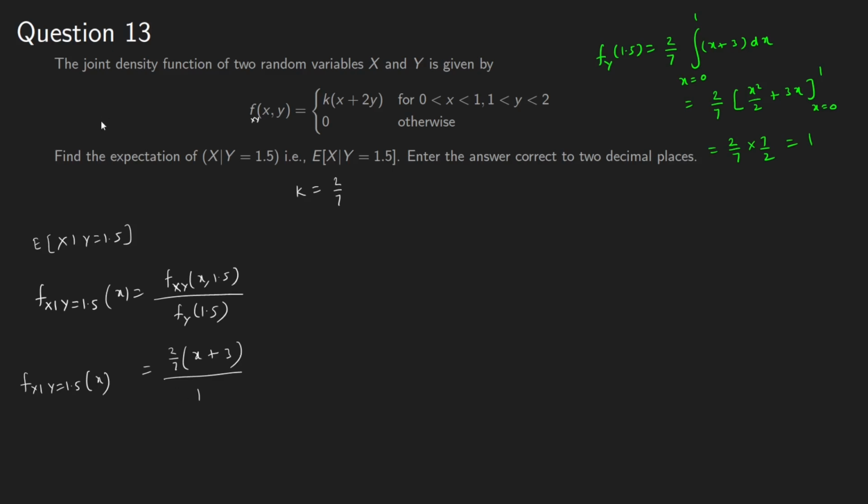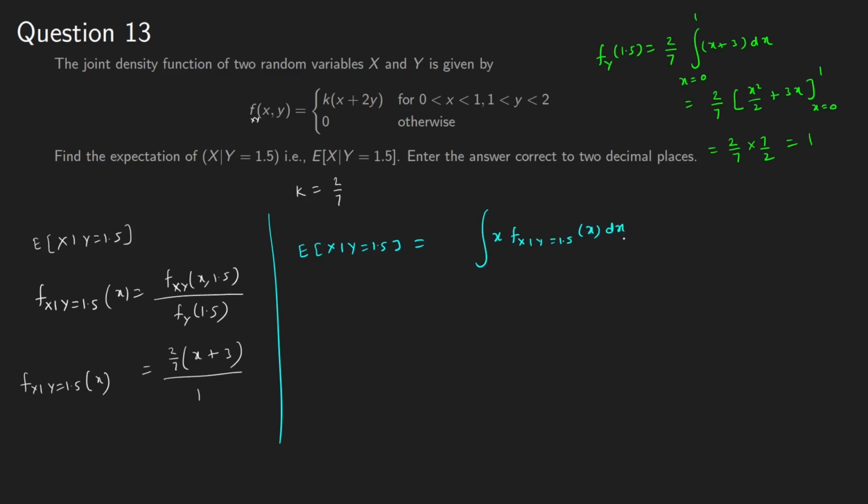Now we need to find the expected value of this conditional random variable, x given y equals 1.5. As always, we will integrate x times the distribution of this random variable. In this case, it is the conditional PDF of x.